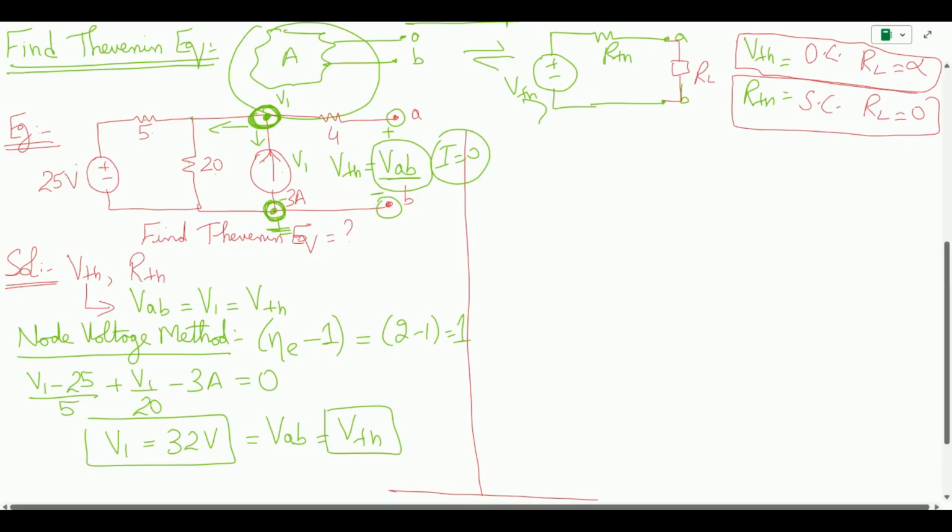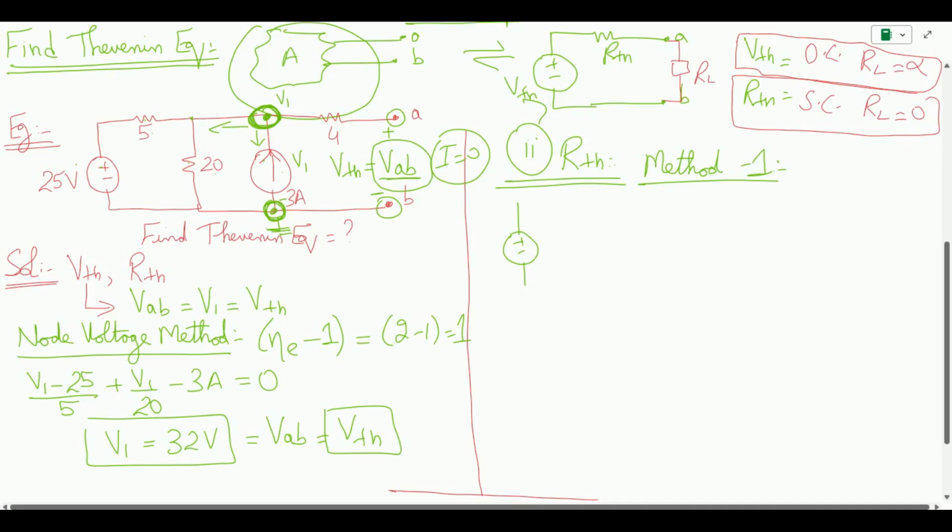So we have easily figured out the Thevenin voltage. Now the next step is to find R Thevenin. There are two methods to find R Thevenin. Let's first look at method number 1, where we redraw the circuit.